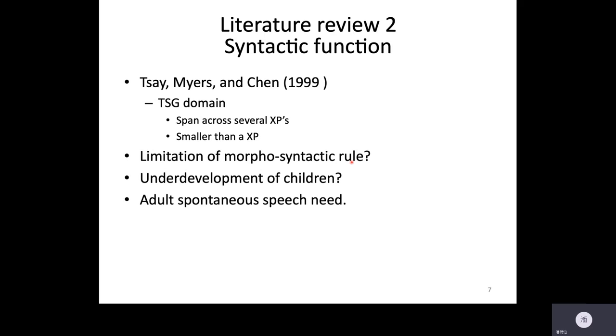These morpho-syntactic claims were not validated by children's spontaneous speech corpus. It was found that children's tone Sandhi group domain can be smaller than an XP, or it can span across several XPs. In other words, in children's production, there could be several XPs produced without bass tone.